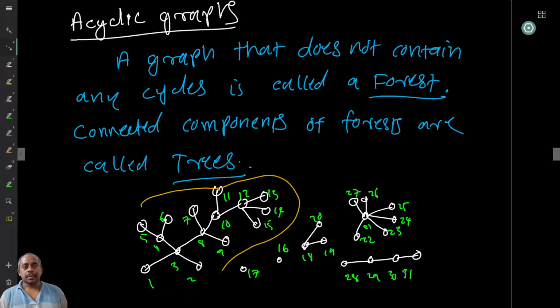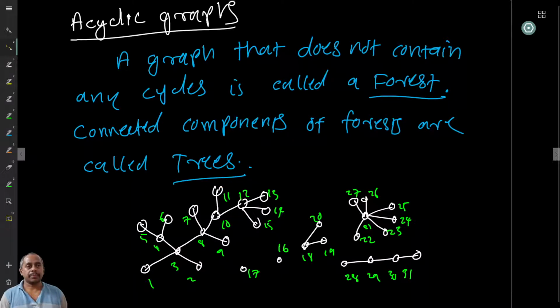Then there are these two single vertices, 17 and 16, which are components. Then there is this path on three vertices, which is another component. And then you have a vertex with several neighbors. This is another component. And there is a path again on four vertices. So these are all examples of trees, and together they form an acyclic graph, which we call a forest.